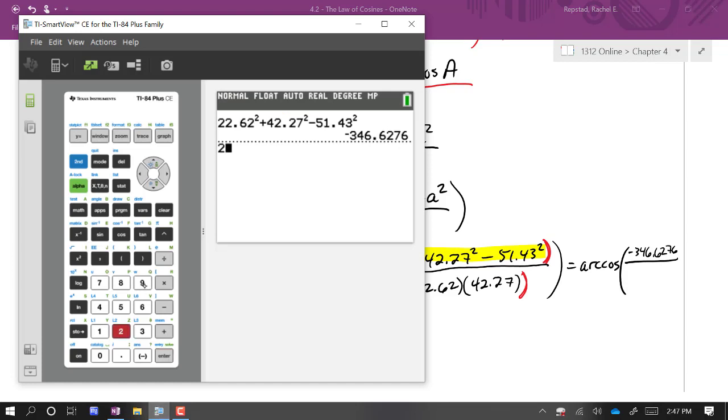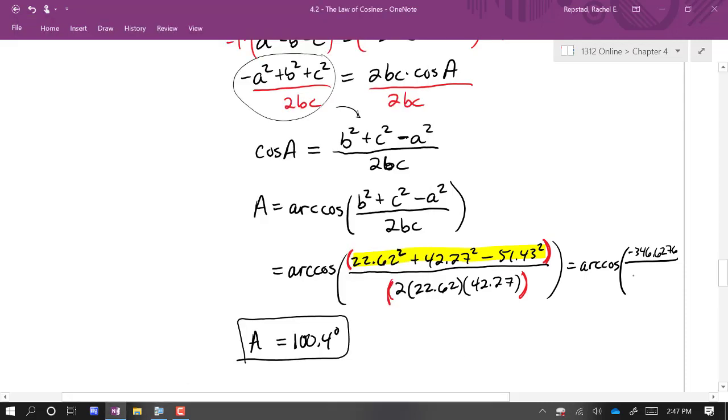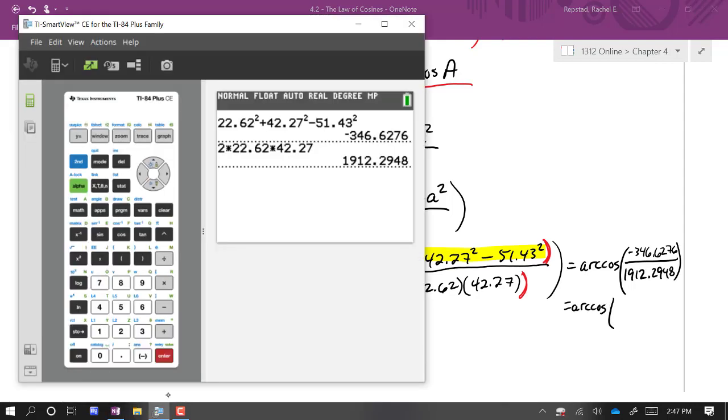And then 2 times 22.62 times 42.27. That's 1912.2948. And then I can do this division.